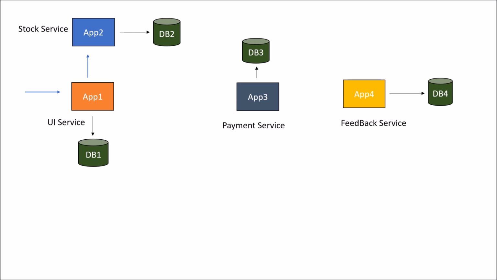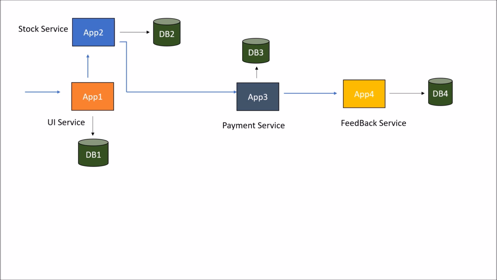Depending upon the trading day and the value of the stock, the user goes for the payment of the stock. So the request moves forward to the payment service. At the payment service, there are two scenarios possible: either a successful transaction or a decline of the transaction for any reason. The request in both scenarios will move forward to the feedback service.